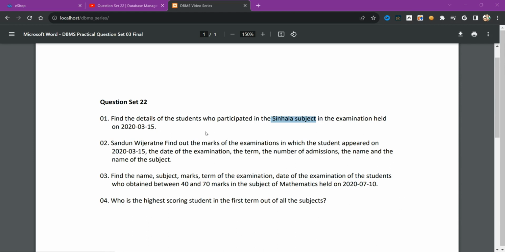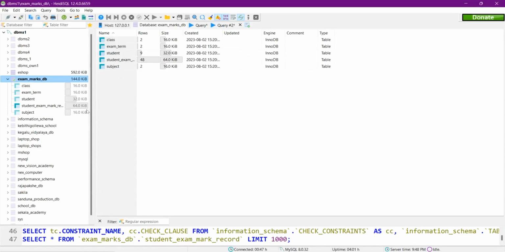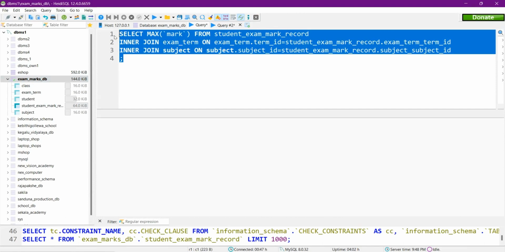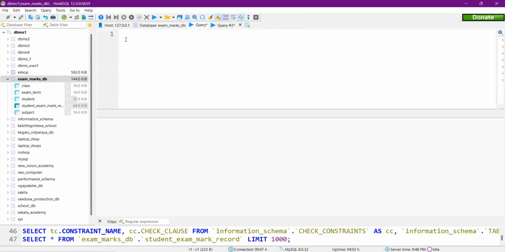So let's type the related query for the first question. You can see here, this is our database. I'm going to type the query first, and then I'm going to explain it.